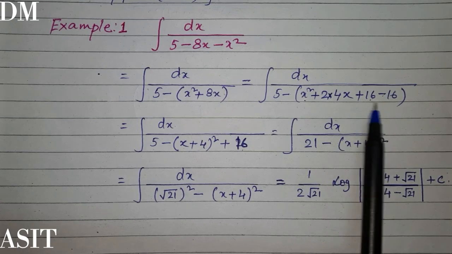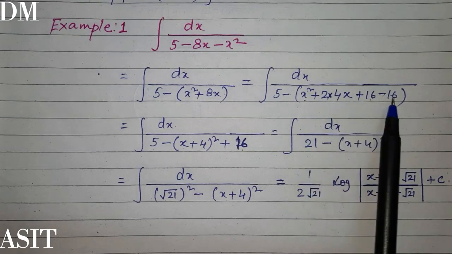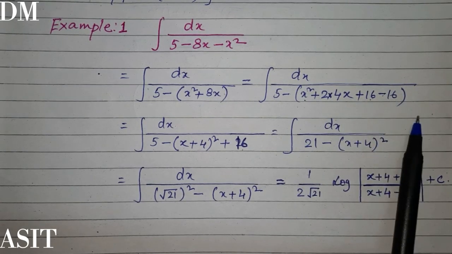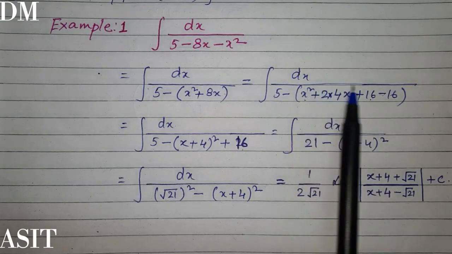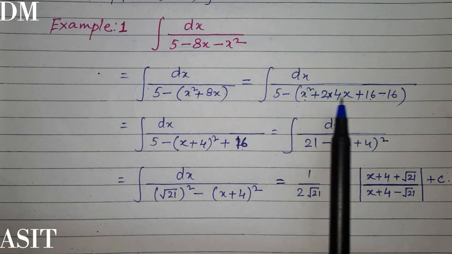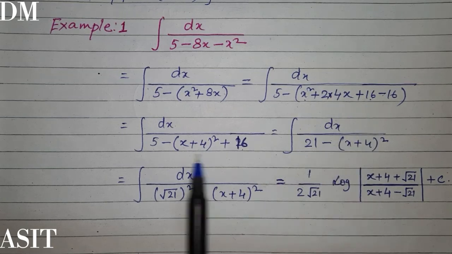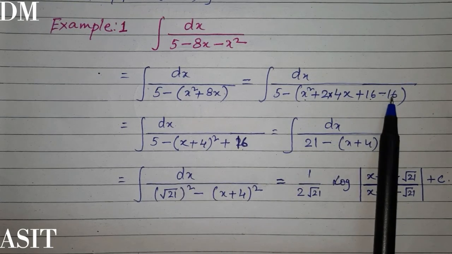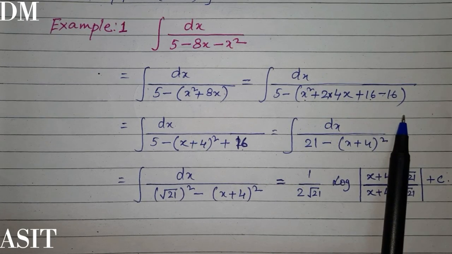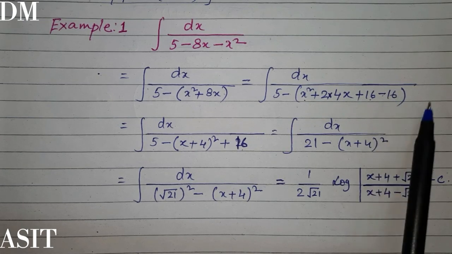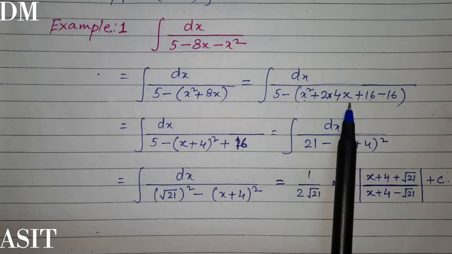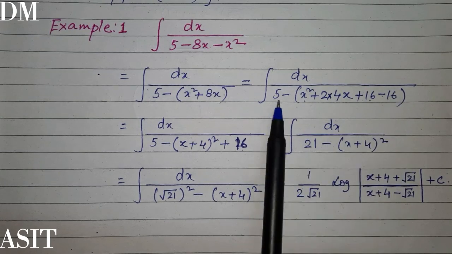Now what will I do? I will take this 16 out, and we will write this as x plus 4 whole square. This 16 will come out from this bracket because it has no work in this square term. So it will add with that 5.